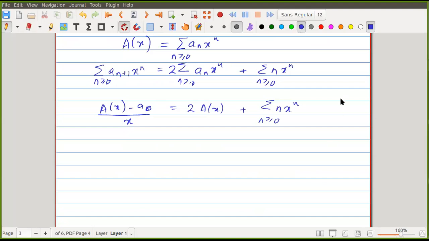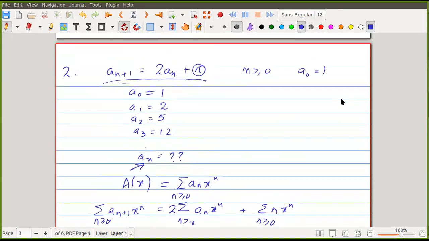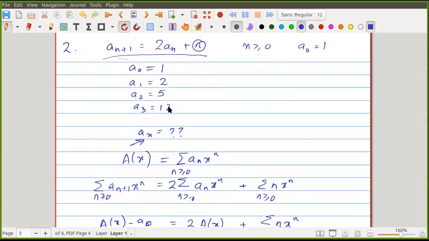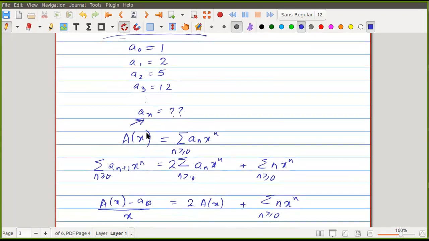So we were here. We started with this sequence an plus 1 equal to 2 times an plus n. And then since we could not guess from the terms which we tried evaluating, we came down to the generating functions. So Ax equal to summation an xn, summing from 0 to infinity.